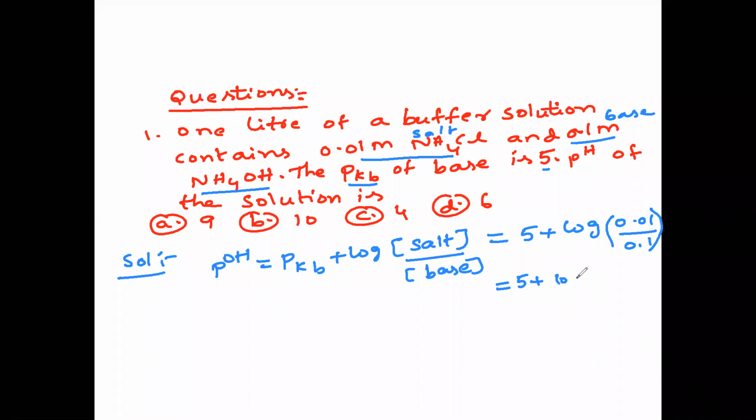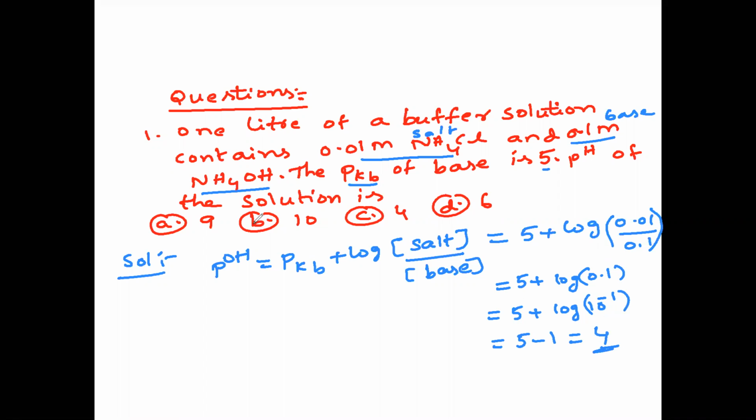So it is 5 plus log 0.1, which is 5 plus log 10 to the power of minus 1. Log 10 to the power of minus 1 is minus 1 times log 10, which is minus 1. So 5 minus 1 is equal to 4.